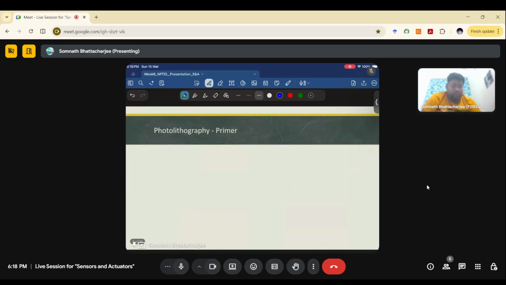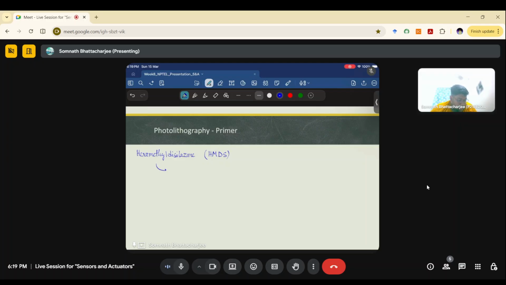Okay. So let's move on to the primer. In general, one of the most used primers is hexamethyldisilazane, or HMDS. So what does this HMDS do?